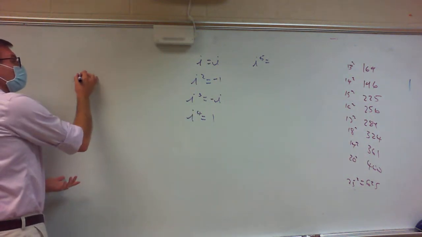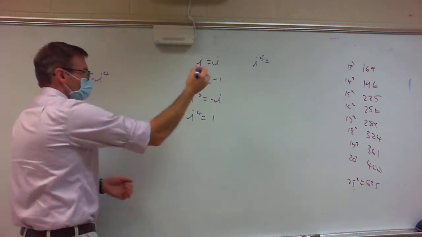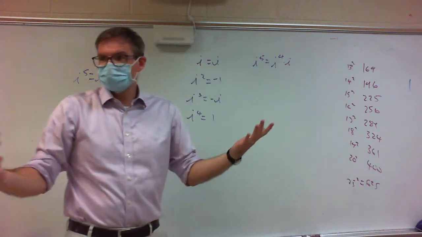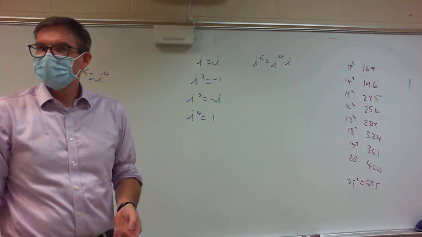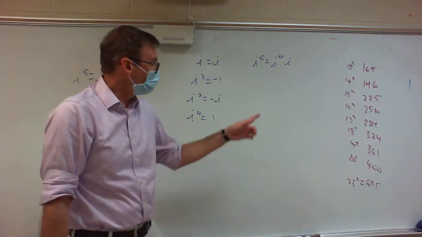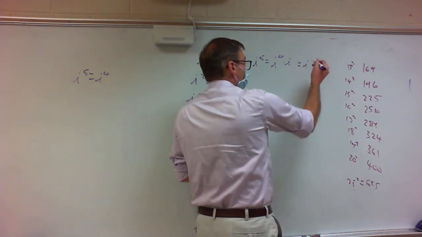So I could think of I to the 5th as I to the 4th times I, because altogether, that's I to the 5th. Well, what's I to the 4th? 1. So that's a big fat 1 times I, which just gives me I, doesn't it?